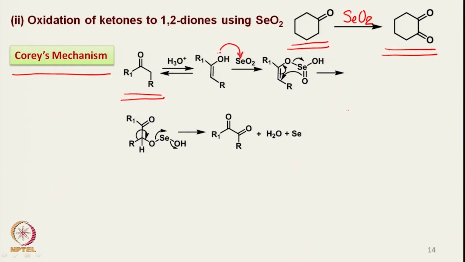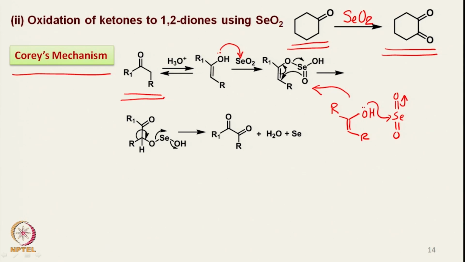That means you have here a double bond and this OH, this is an enol, and the selenium dioxide is then attacked by the lone pair of electrons directly onto the selenium, forming this intermediate.